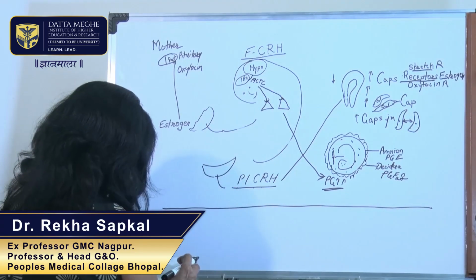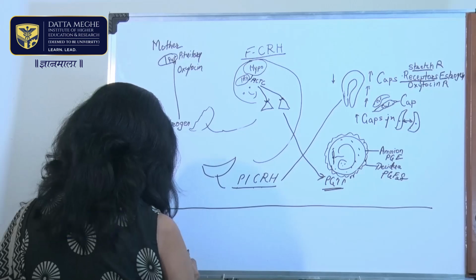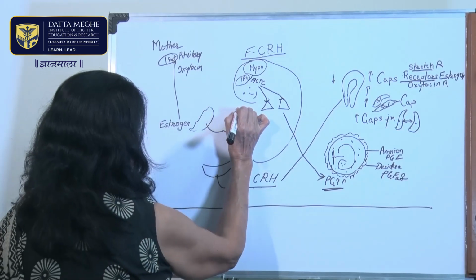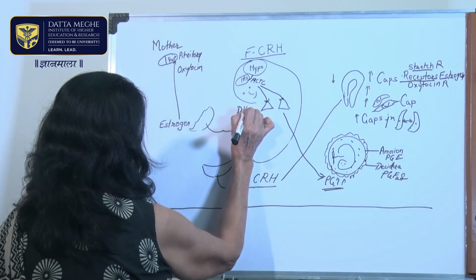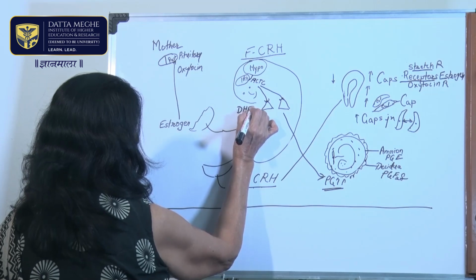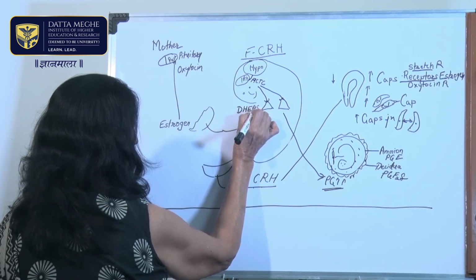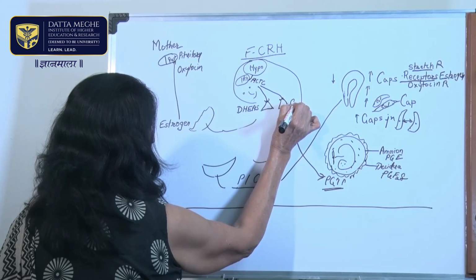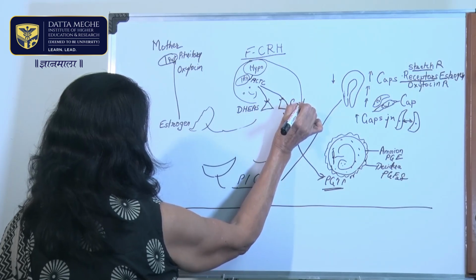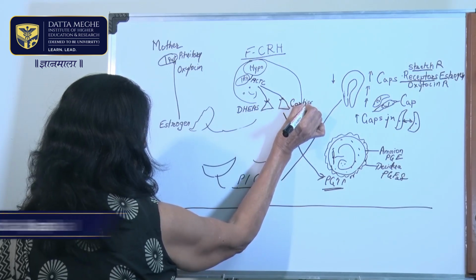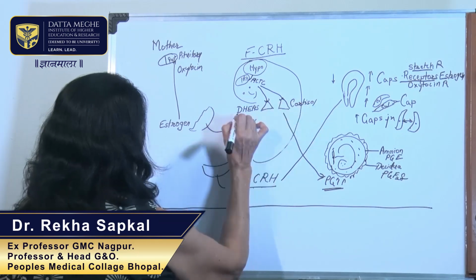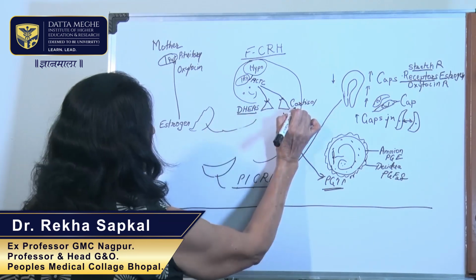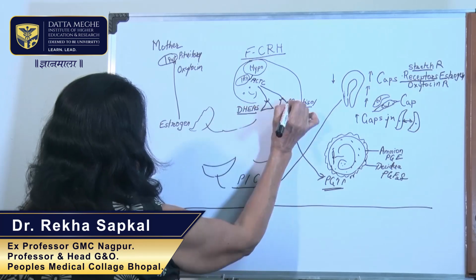And which hormone is produced from the fetal adrenals? DHEAS, and also cortisol. So, you write down here cortisol. So, we have got DHEAS and cortisol, fetal DHEAS, fetal cortisol.